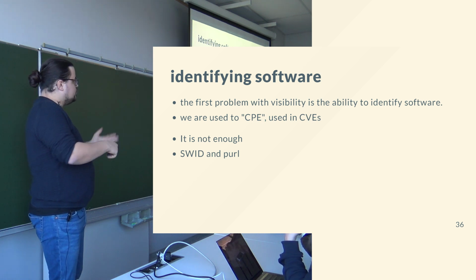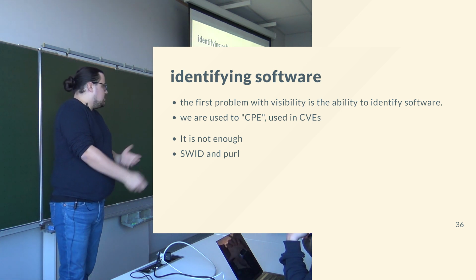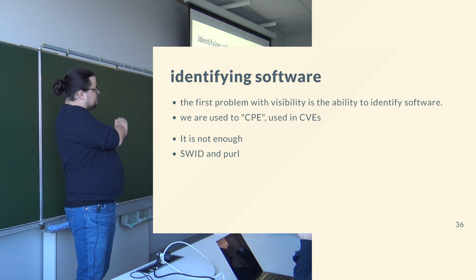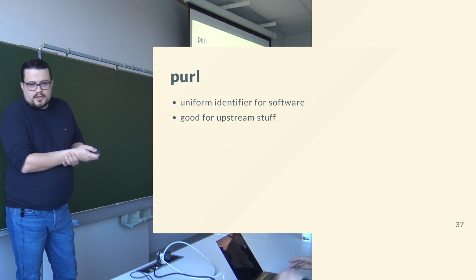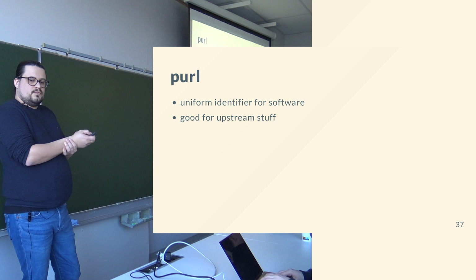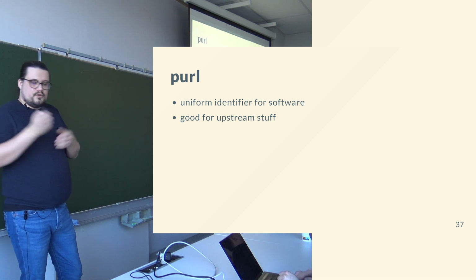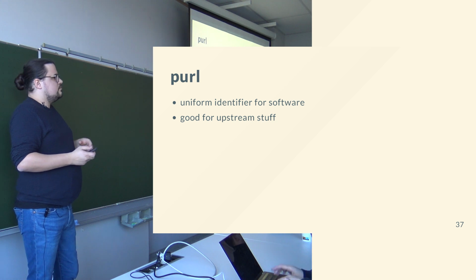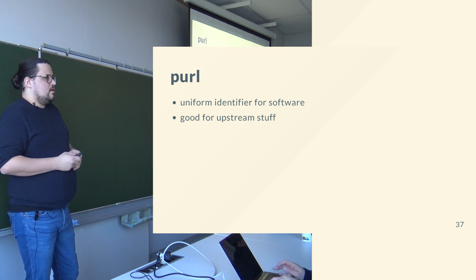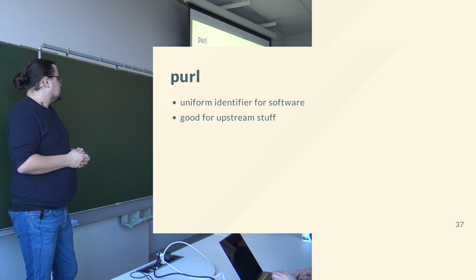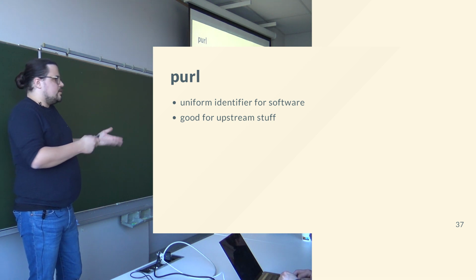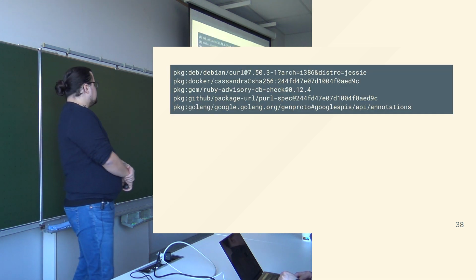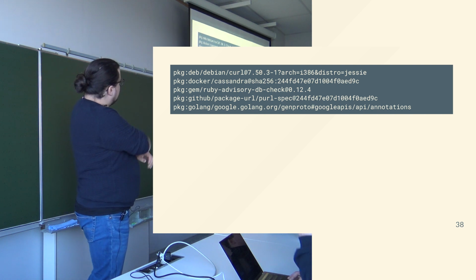So there are new ways of identifying software. I'll talk about two of them, Software ID and PURL. PURL is a uniform identifier, like a URL, but for software. It's especially made for upstream stuff, like package managers and programming languages. So they work like this.